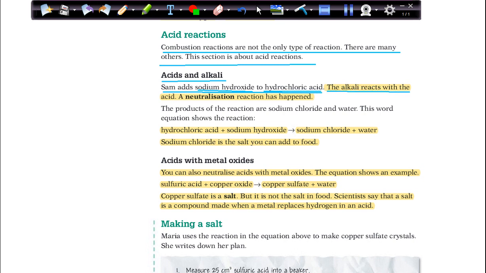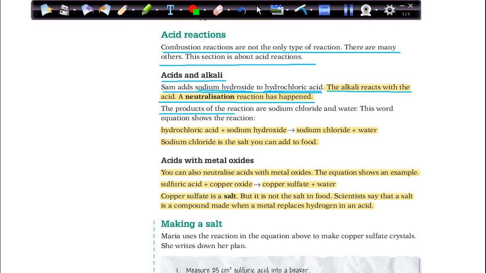The alkali reacts with the acid, a neutralization reaction has happened. What does neutralization mean? Last year we studied neutralization, and we said a neutralization reaction is cancelling out an acid using an alkali, or an alkali by using an acid, to make a neutral solution or neutral product.